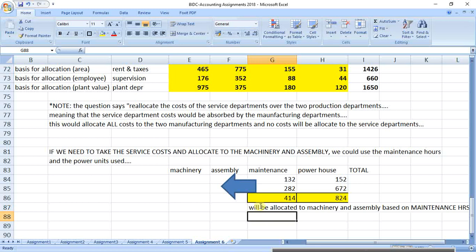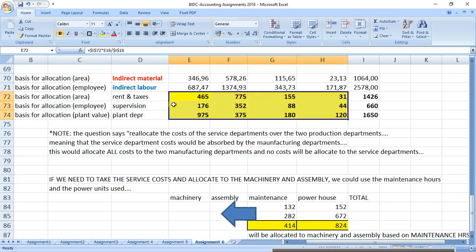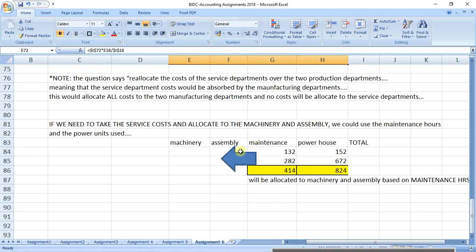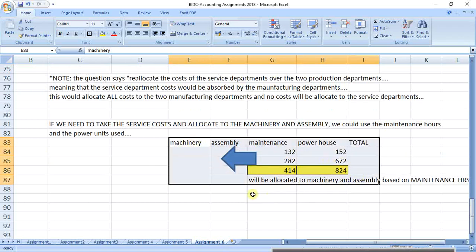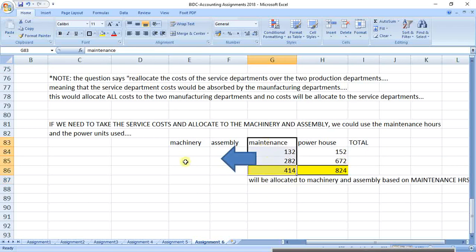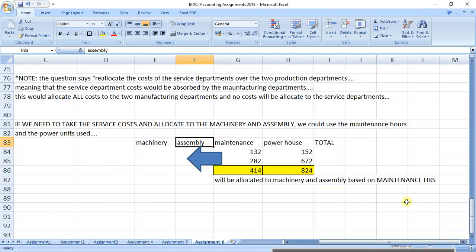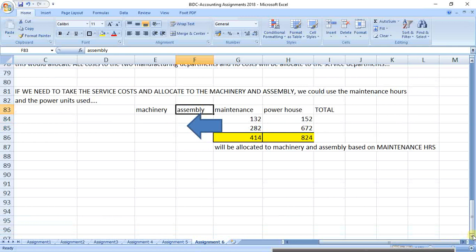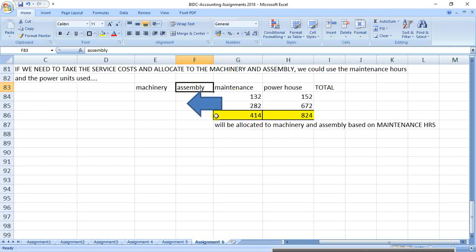So that's another way of interpreting the question. I've done the top part because I think they want you to fill in the blanks, because that's 8 marks, that's a lot. This could be something we show as well, just to allocate the maintenance costs to machinery and assembly, just in case, because I'm not too sure if they want both or just this. So I'm giving more, so hopefully we've covered that.